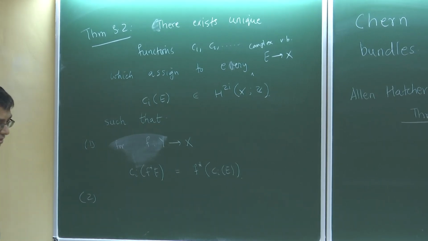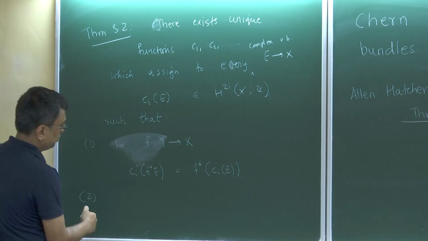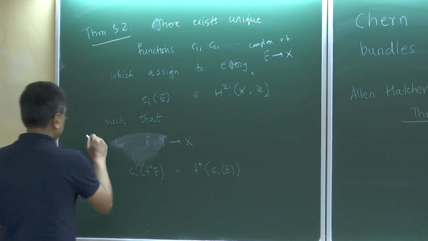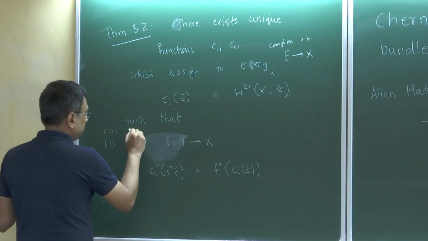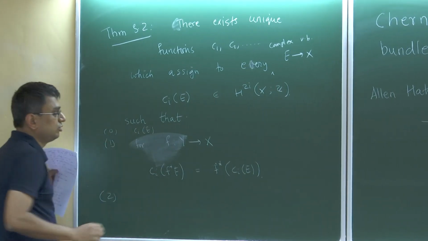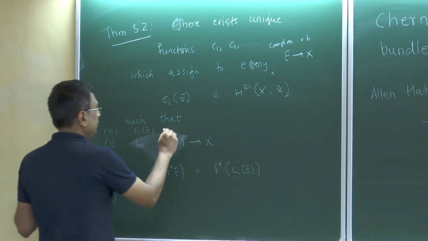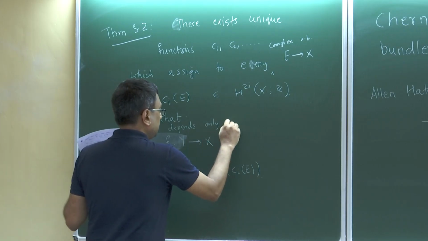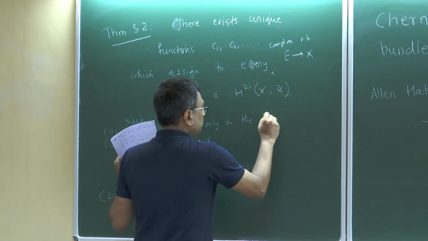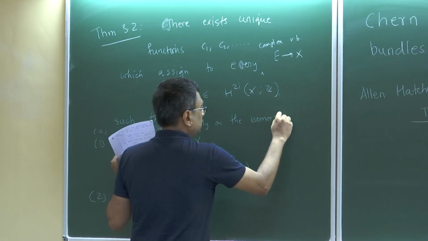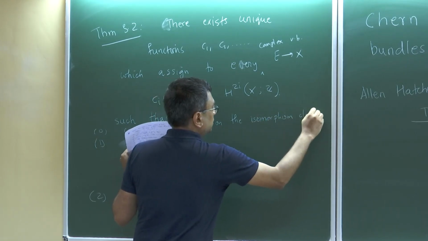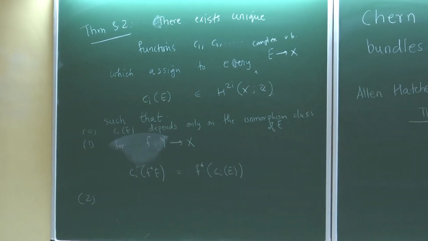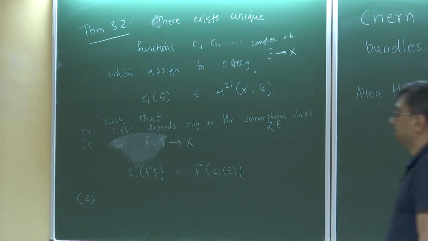The next property that we want, maybe a zeroth property also, is that Ci of E depends only on the isomorphism class of E. So if two vector bundles are isomorphic, their Chern classes are going to be the same.